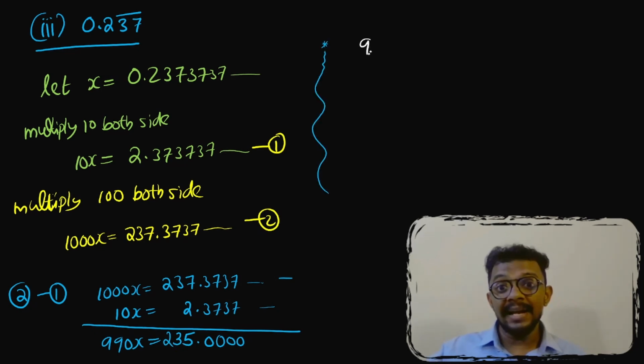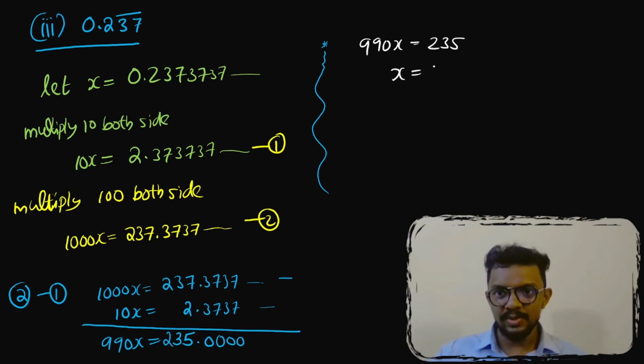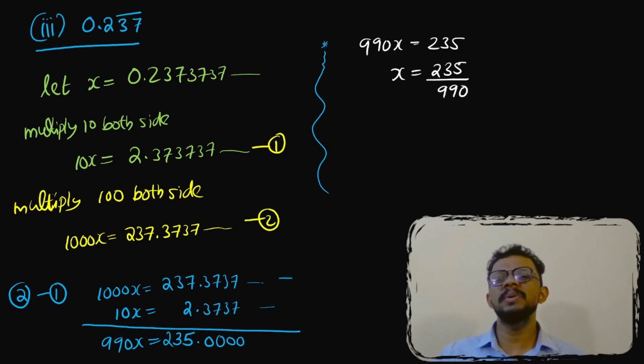So what did I get? 990x is equal to 235.00. That means 235. The value of x is equal to 235 divided by 990. But since both are divisible by 5, I am dividing by 5 on both sides. So 235 by 5.